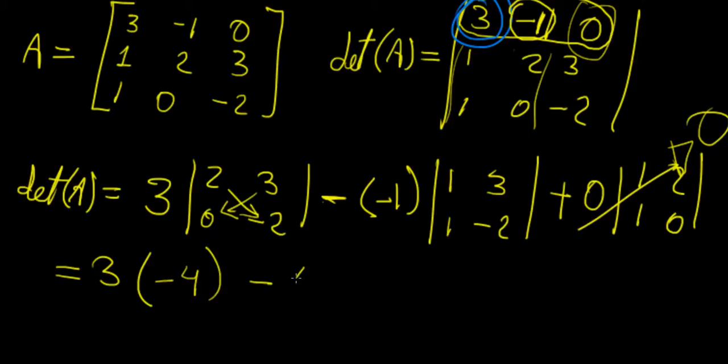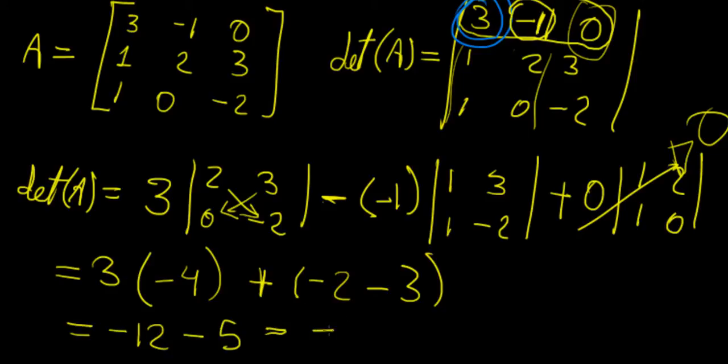And then for this one we're going to get plus 1 times, so 1 times minus 2, that's minus 2, minus 3 times 1, so that's 3. And then we're going to add this together, so that's minus 12, minus 5, and that's minus 17. So this is the determinant of that matrix A.